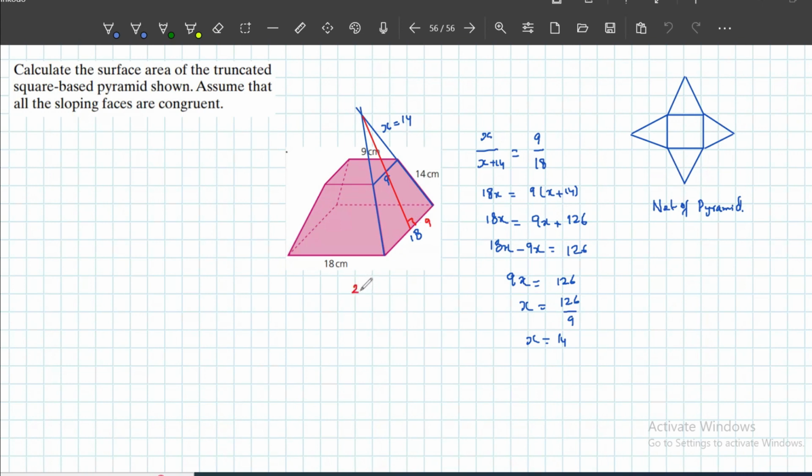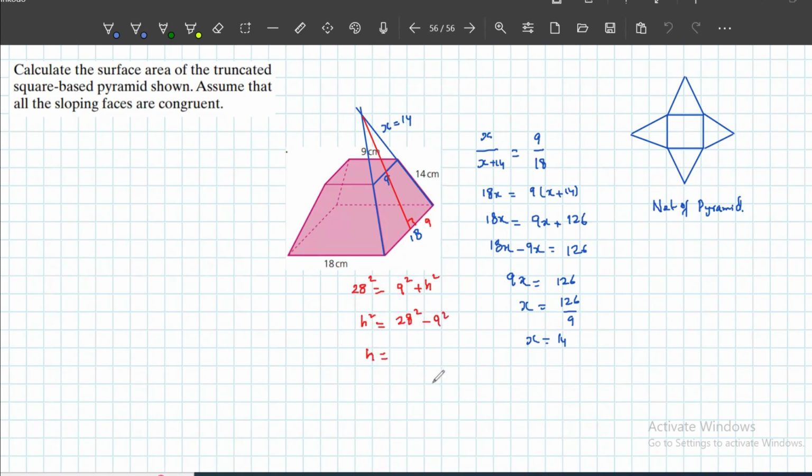So the longest side is 28. 28 square is equal to the other two sides, 9 square and the height we are looking for, and then height square is equal to 28 square minus 9 square.